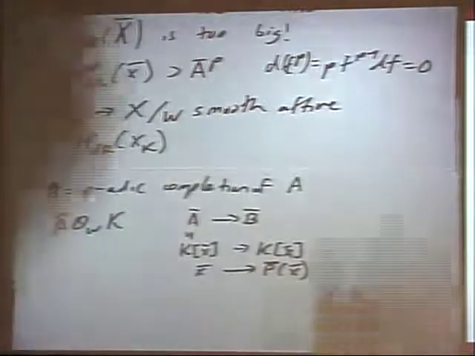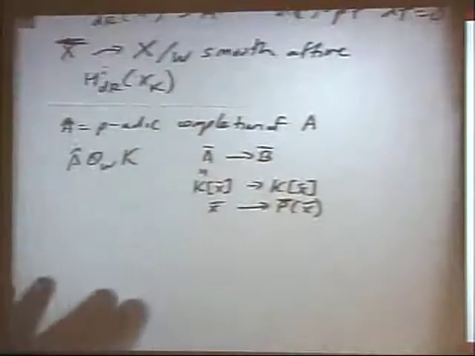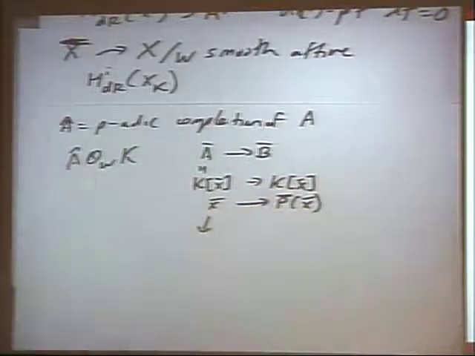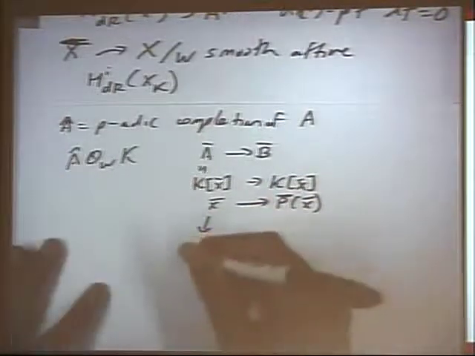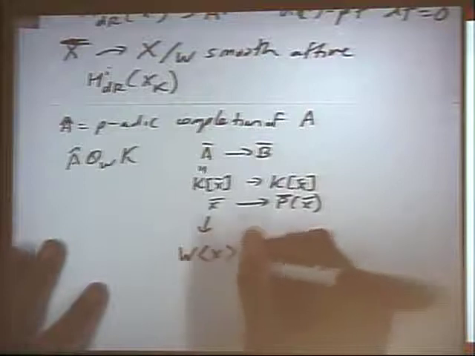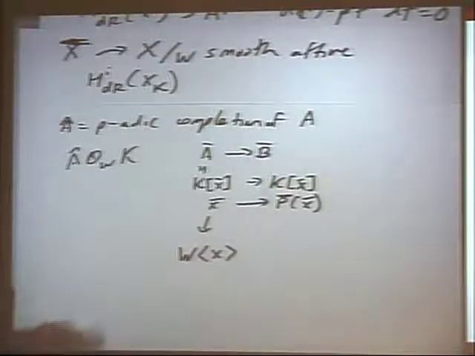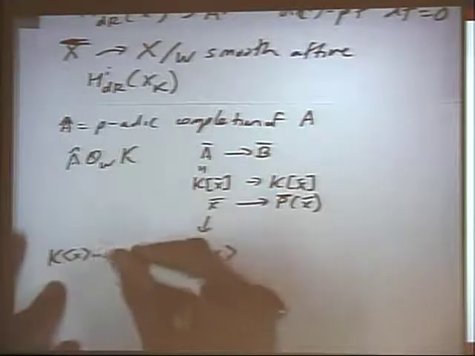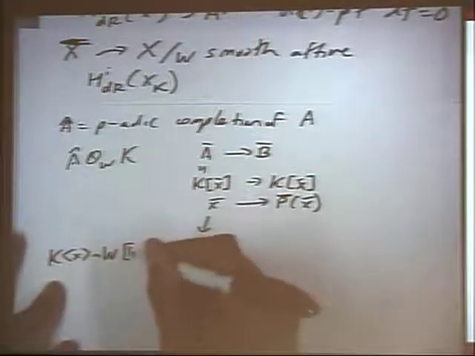Told you I was going to carry this to excess. So now how do you lift this? So what is A hat? Well, A hat is what I'll call W angle x. So W angle x is the same thing as K angle x, the Tate algebra, except you take coefficients in W instead of in K. So this is just the Tate algebra, but I restrict to series with integral coefficients.